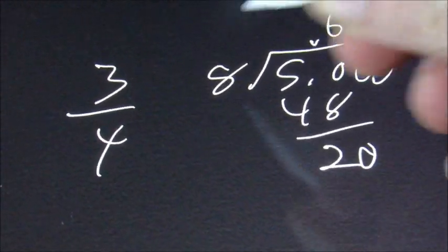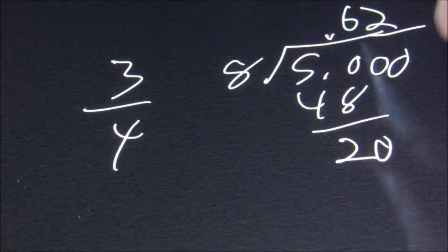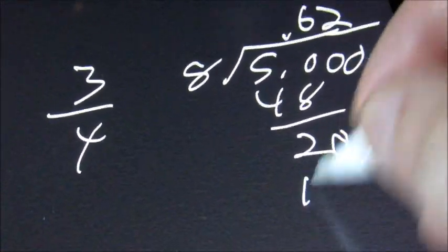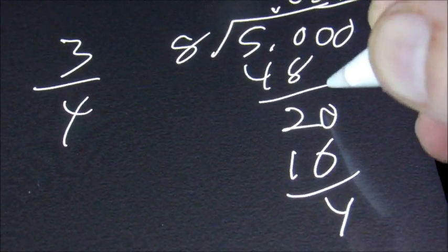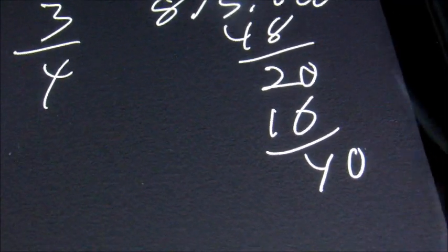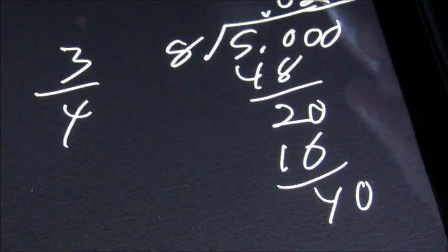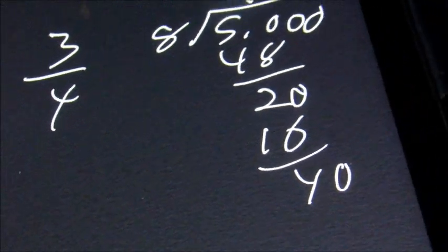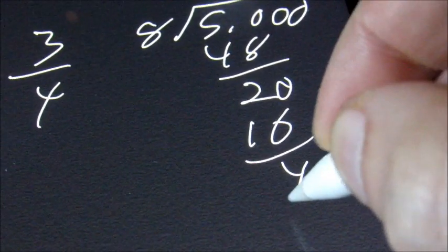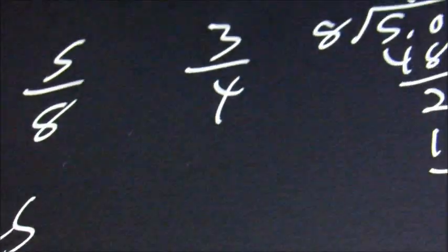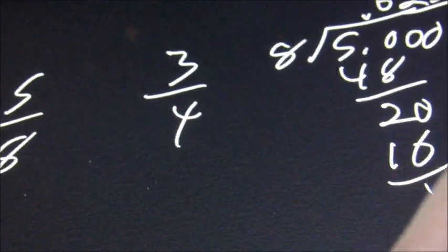We have a 2, 0, it'll go into 20 2 times. 2 times 8 is 16. 20 minus 16 is 4. Bring down the 0. 8 will go into 40 5 times. 5 times 8 is 40, and it's 0. So 0.625, and then 3/4.